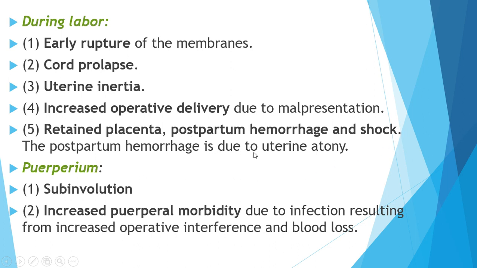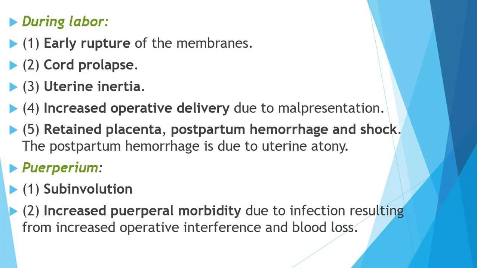Postpartum hemorrhage is due to uterine atony. Then in the puerperium, there is subinvolution because the uterus was very much enlarged. There is a chance the muscles do not regain their contraction, and the involution will not happen properly.